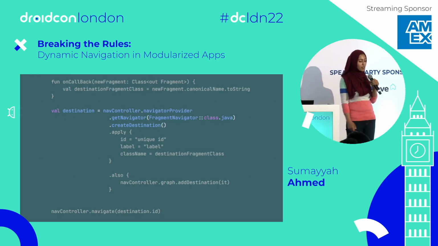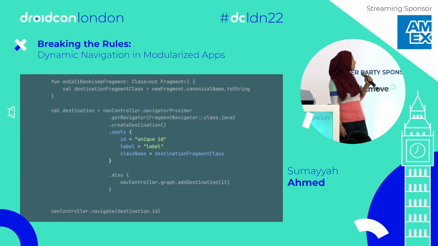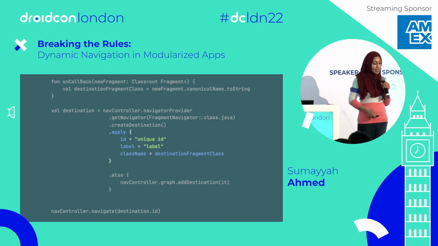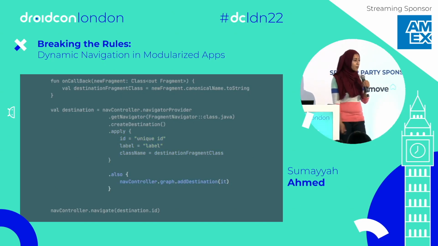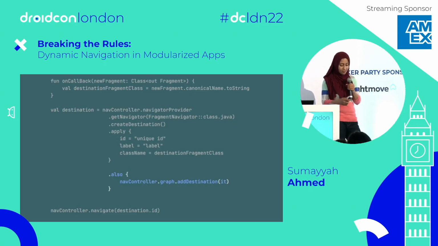So we can create one, pass it some important information like the ID and a label, and of course the type of fragment it needs to wrap. And then we place it in our graph. And that makes it findable and navigable from everywhere else in the graph as if it was always there. And now, of course, the last step is just to navigate with the ID that we defined earlier.